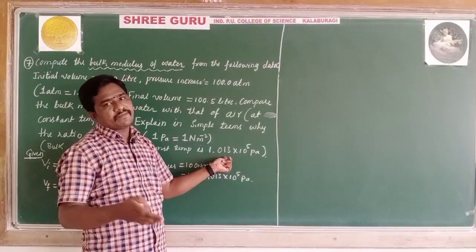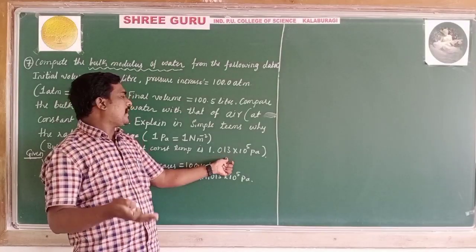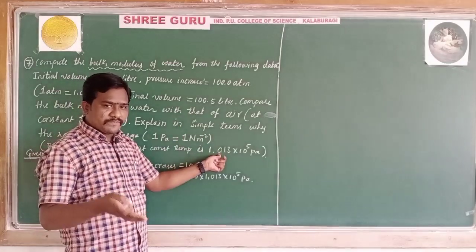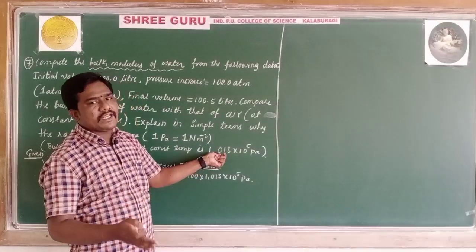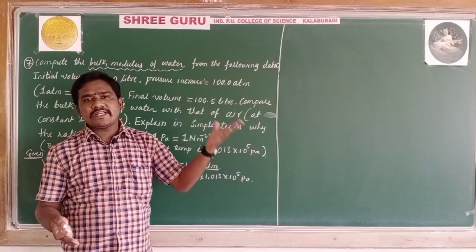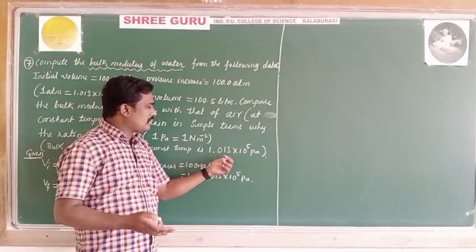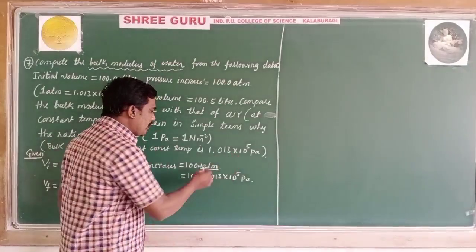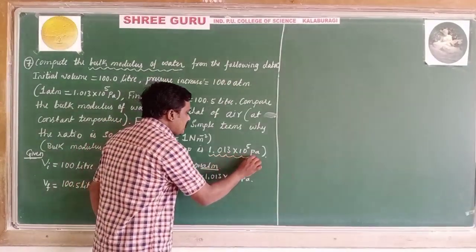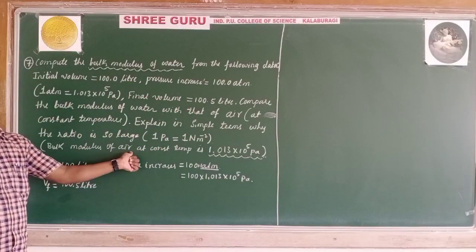Otherwise, the ratio is not going to be large. We should explain that ratio term only. If the ratio is large, then only this question is correct. Otherwise, the question itself is wrong. Okay? Our answer must be greater than this value. Keep in your mind, 1 atmosphere is nothing but the bulk modulus of air.